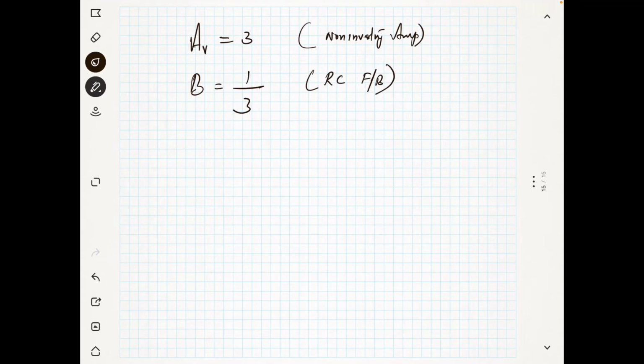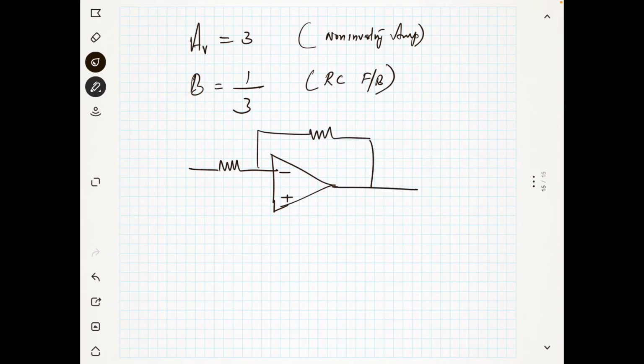You have to remember this, and we use an RC feedback network. I am going to draw the amplifier now. This is minus, this is plus, and the amplifier has a feedback like this. This resistor I will say is R1 and this is R2, and this is the non-inverting amplifier. Now, I will draw the feedback network.